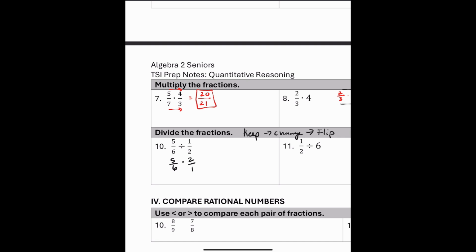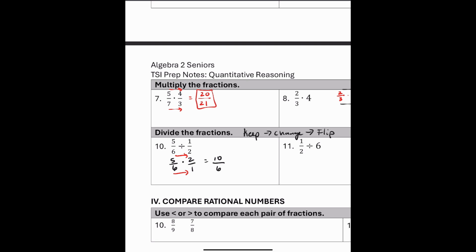Okay? So one more time. We're going to keep, we're going to change, and we're going to flip. So KCF, all right? So we have 5 over 6 times 2 over 1. That's a fraction. We're multiplying. We do remember what to do when we multiply fractions. We multiply across, right? So 5 times 2 is 10, and 6 times 1 is 6. 10 over 6.